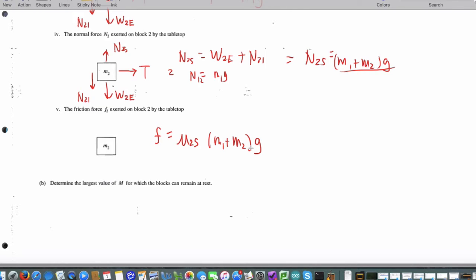And then to actually get the amount for the blocks to remain at rest, let's be clear here.